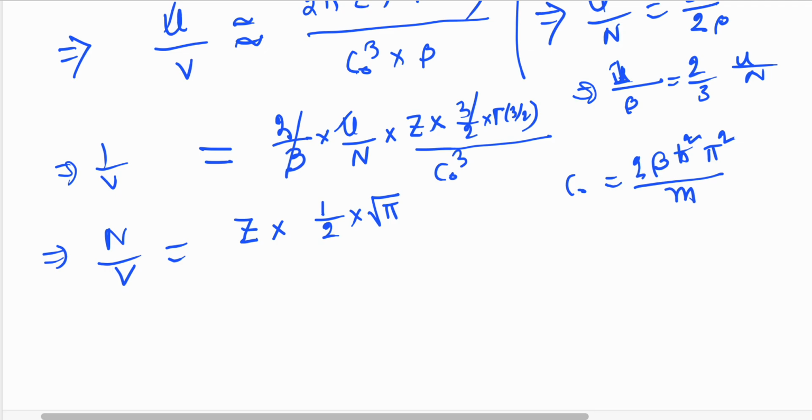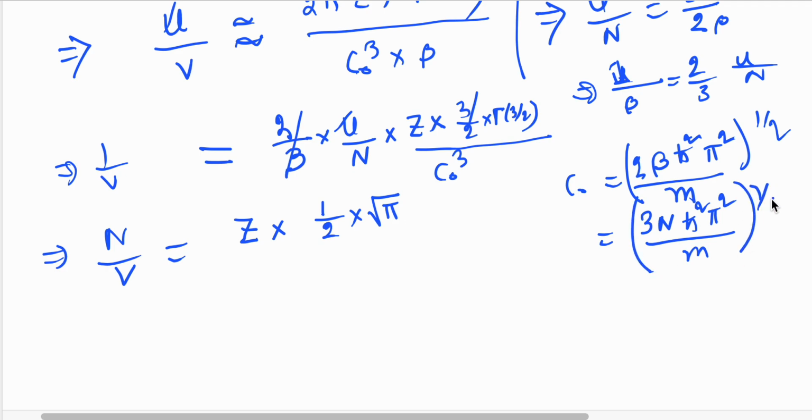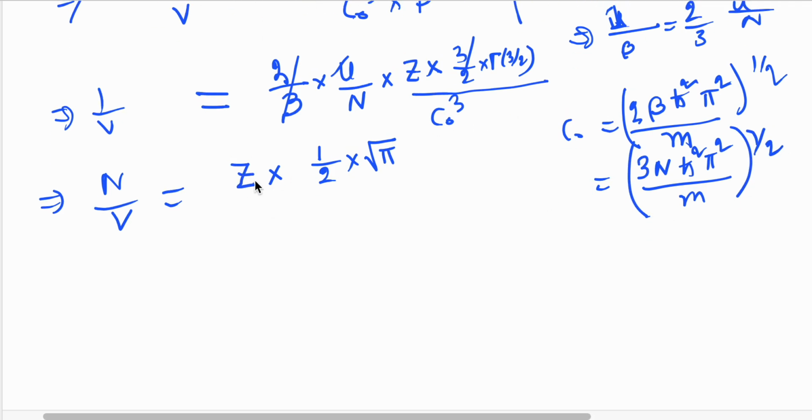In place of beta, again put this value, beta means 3 by 2 n by u. So 3 by 2 means 3 n h cut square pi square by m to the power half. So this third root pi by c0 cube means 3.